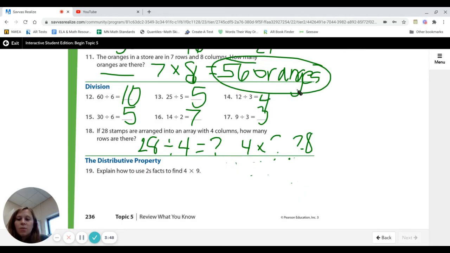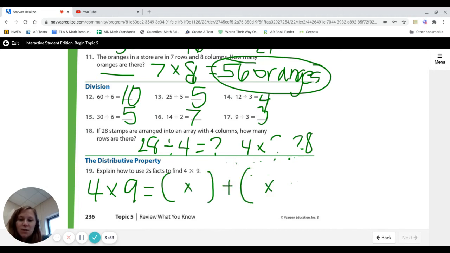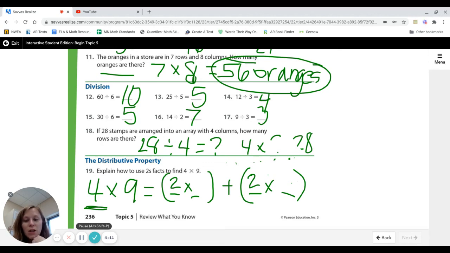We haven't done this one in a while, but we're going to start with 4 times 9 equals something times something plus a number times a number. So I can think about 2 numbers that are 2's facts, so I know I'm going to multiply 2 times something and 2 times something. So I know I want to get 4 rows total because that's my first number. So I know I'll have 2 rows and 2 rows. And then we want 9 in each row, so 9 will go in this next one.